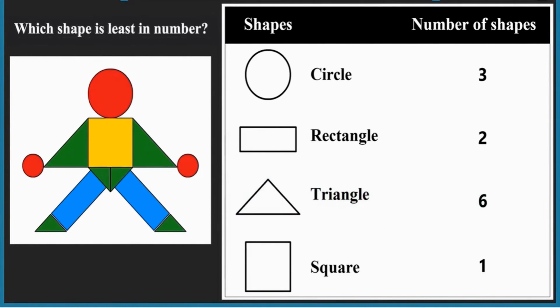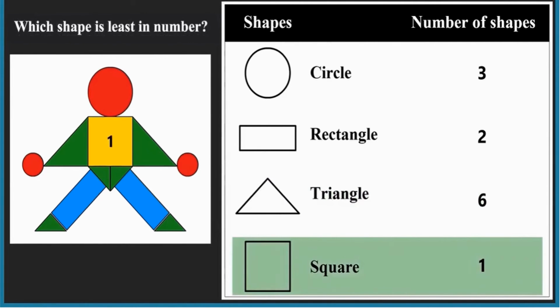Now tell me which shape is least in number? There is only 1 square. So square shape is least in number.